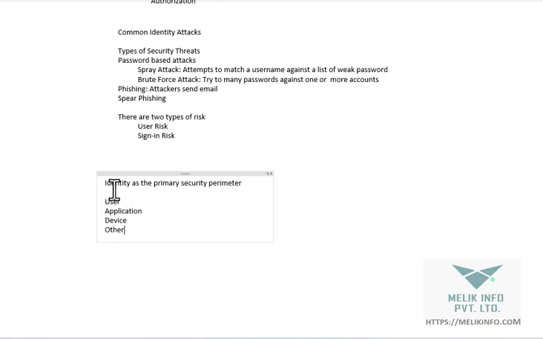There are four pillars of identity. First, administration.